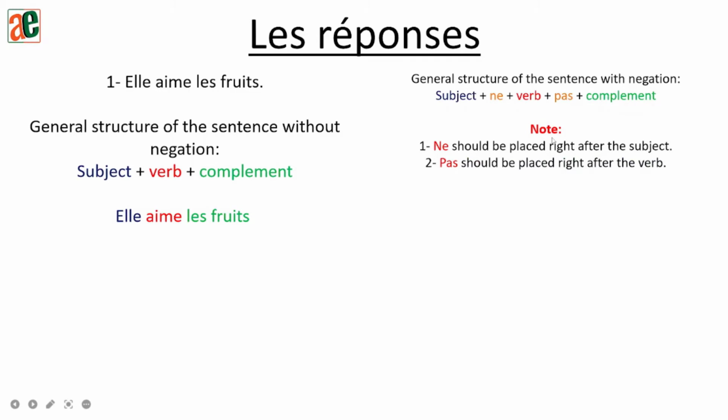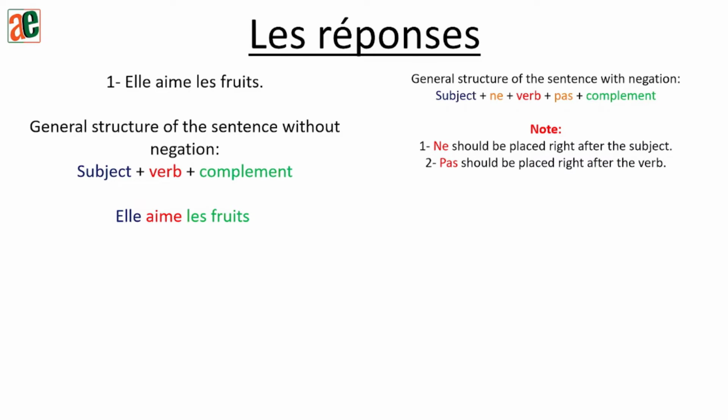We should also not forget that ne should be placed right after the subject. Here I'm giving you a tip, because some schools will tell you to put ne and pas before and after the verb, which is not always right. So just use this rule, and it will always be correct.